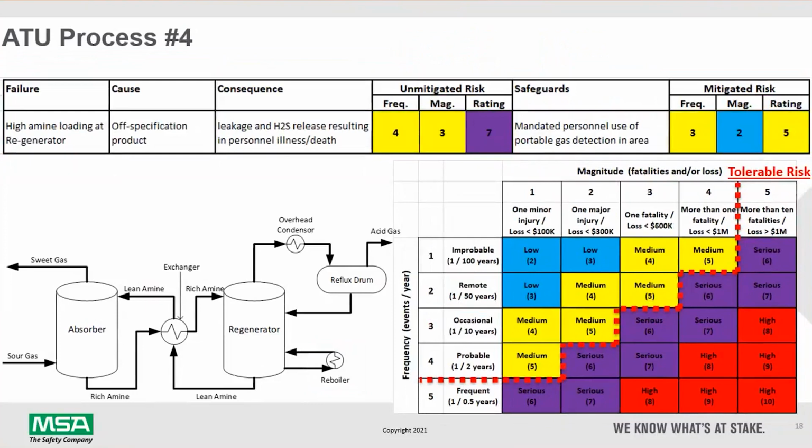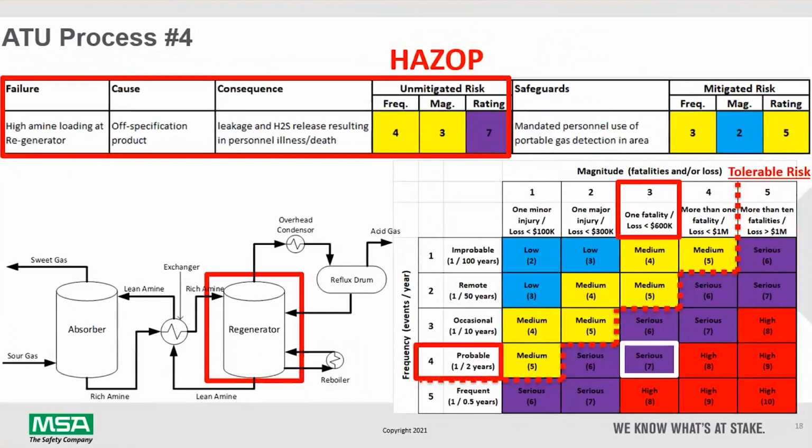And in a fourth case study here, let's just take a look at the regenerator, where maybe we have an off-specification product that could potentially cause a leak. And in this particular case, we've assessed the situation and said that an unmitigated risk would be a rating of 7.